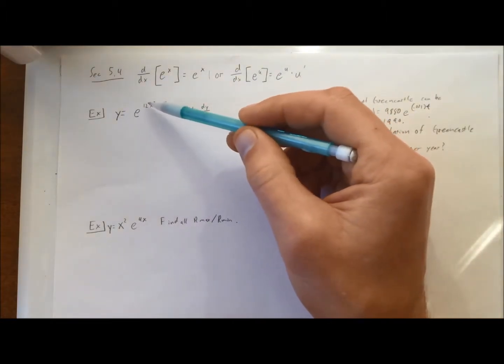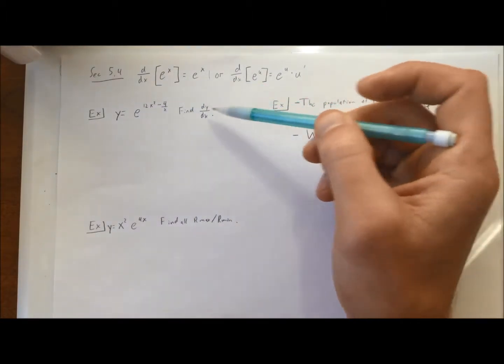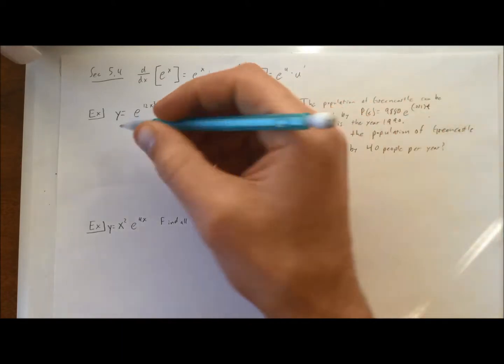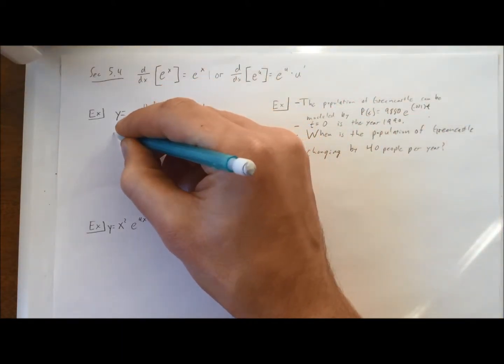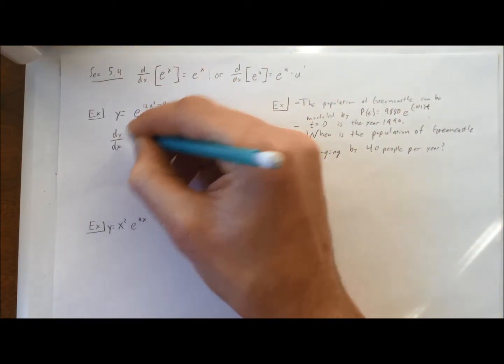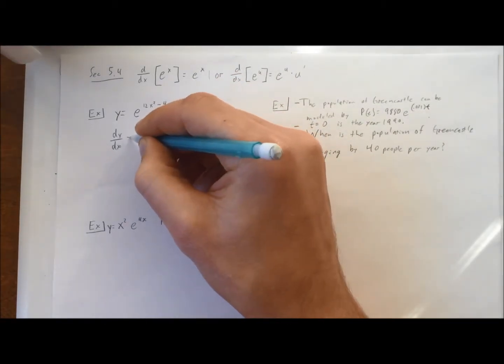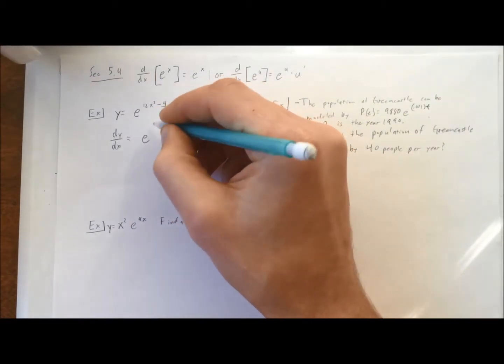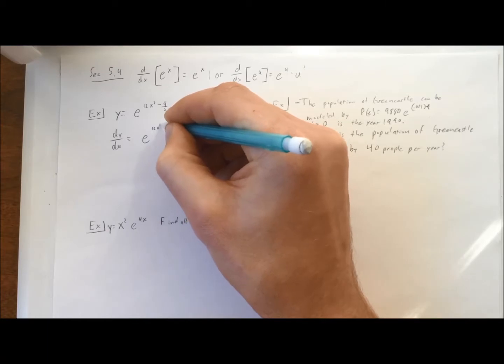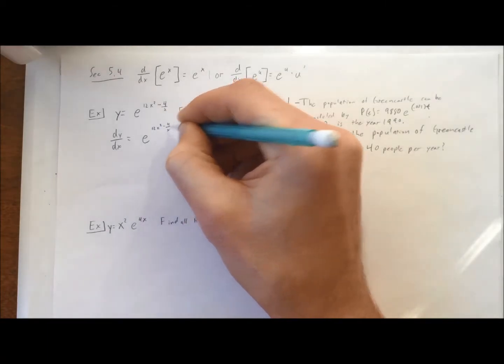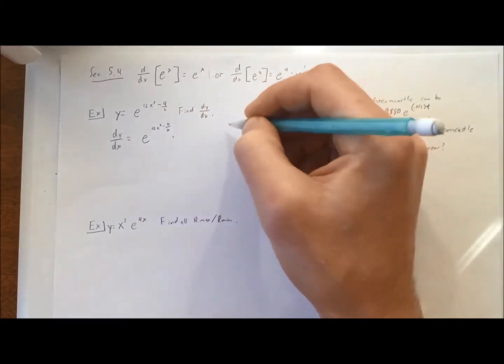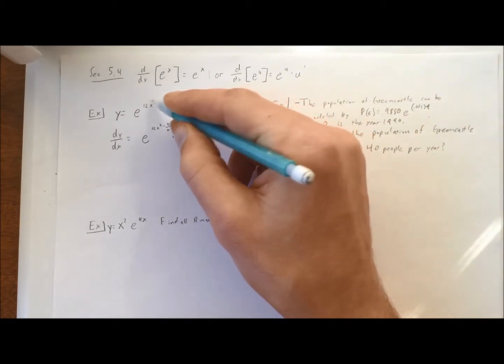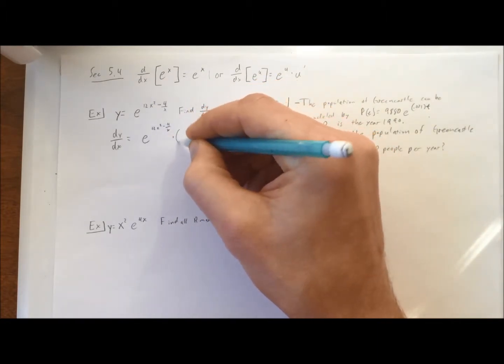First, y equals e to the 12x squared minus 4 over x. Find dy over dx. Well, the derivative of e to the x is just going to be e to the x, whatever that is. Then we have to multiply by the derivative of whatever that exponent is.